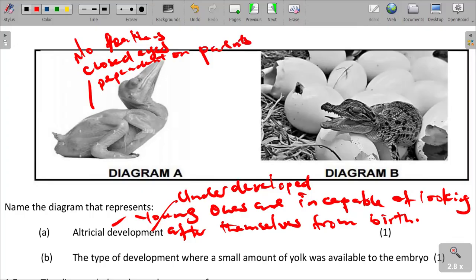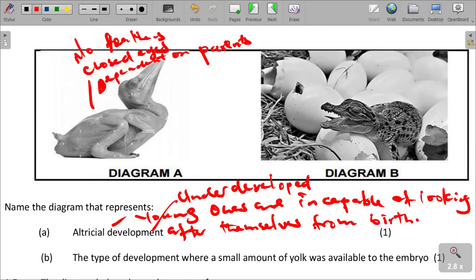We can give as many as possible. And then I was saying that there are quite many other points that are given there. They are dependent on their parents for what? For thermoregulation. Yes, you can see that the mother must cover them in order for them not to die of cold. They need to be fed.